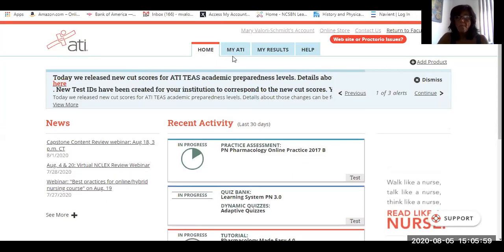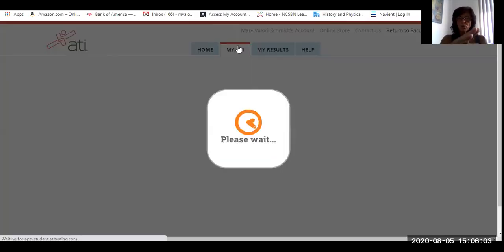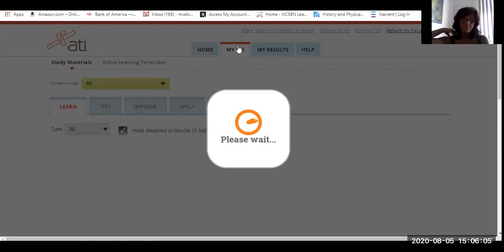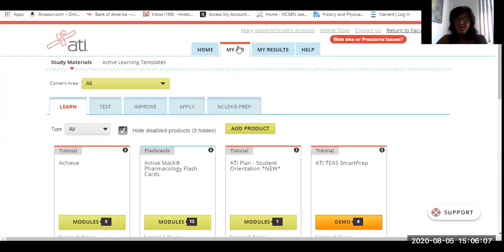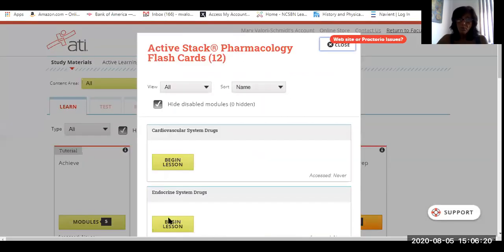You're going to go to My ATI, and that's going to open up a new window. And then look at all the things that you have. Under Learn, you have Active Stack Pharmacology flashcards. If you click on where it says Modules, it's going to open up another window.